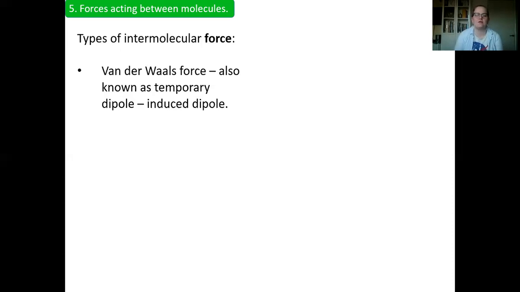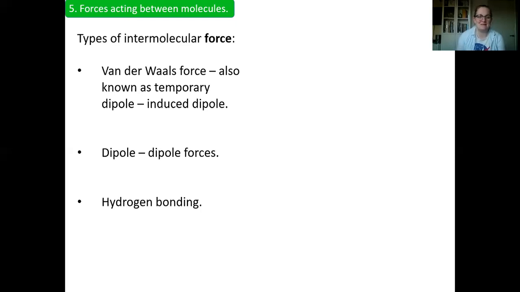For intermolecular forces, we have van der Waals forces, also known as a temporary dipole-induced dipole force. Rather than calling it that, most people just call them van der Waals forces. We have a dipole-dipole force. We also have hydrogen bonding.